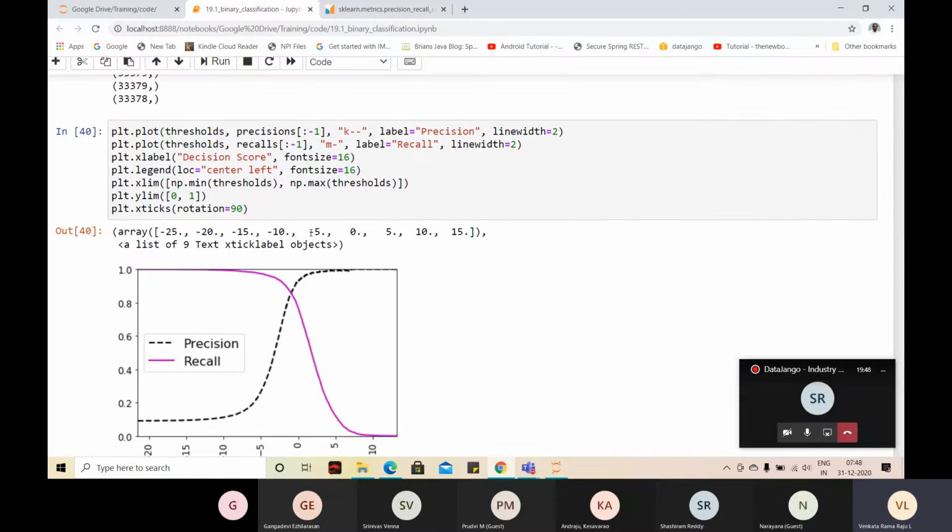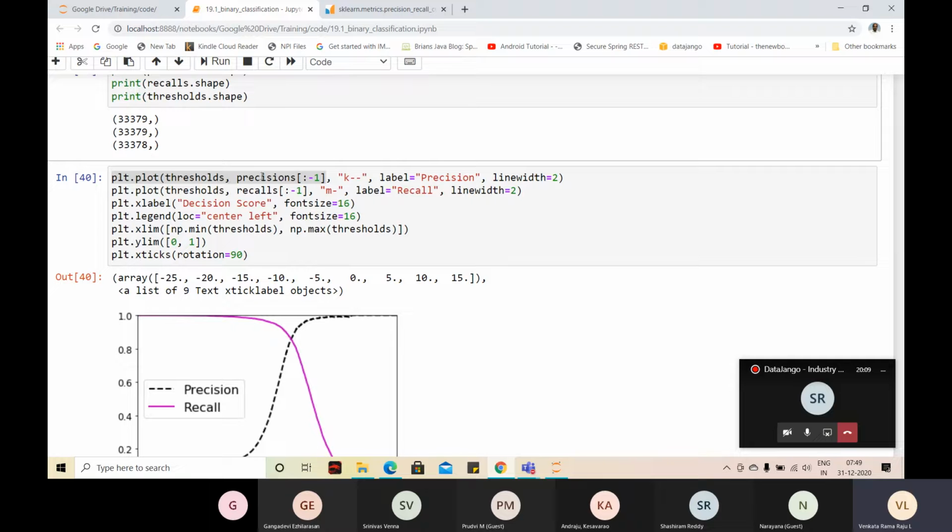Using these thresholds, you can do a line plot. This is a plot between thresholds and the precision scores, only till minus 1, because we are ignoring the last precision and recall score, the default ones, which may be the last one.